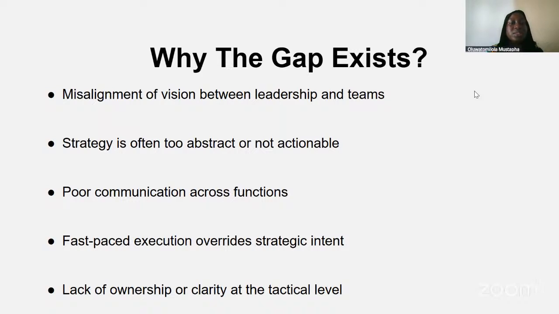Another gap that exists between product strategy and execution is that strategy is often too abstract and not actionable, because during your product strategy, you can assume and say, oh, this is possible, this is easy for me to do, I'll be able to achieve this in this amount of weeks or months.